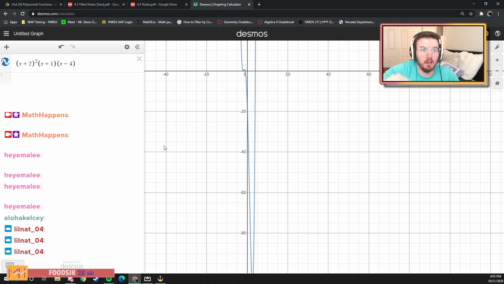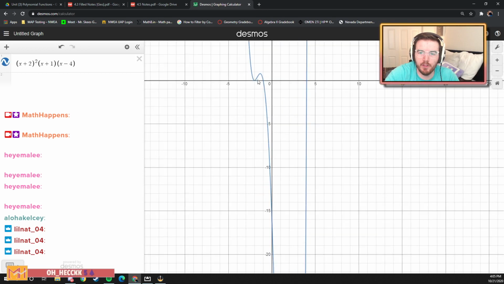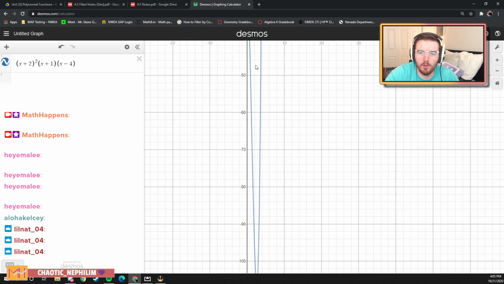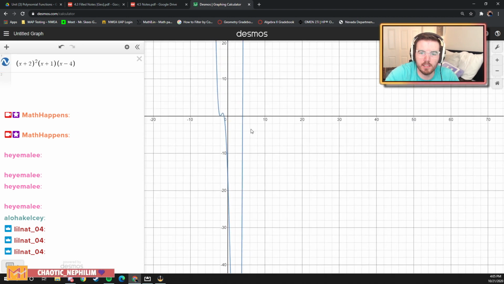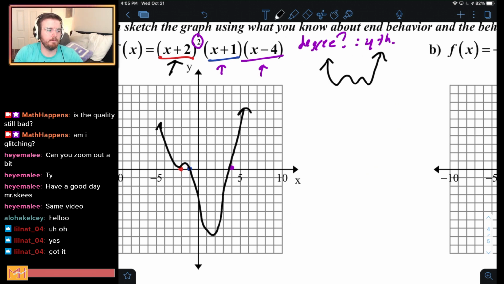The function's a lot longer than what I drew, but nonetheless, it comes down and bounces at -2, crosses at -1, comes down, and then goes back up and crosses at 4. So, honestly, in my drawing, I should have drawn it like this.